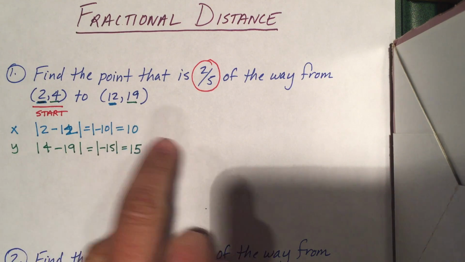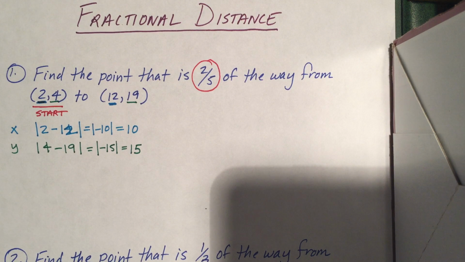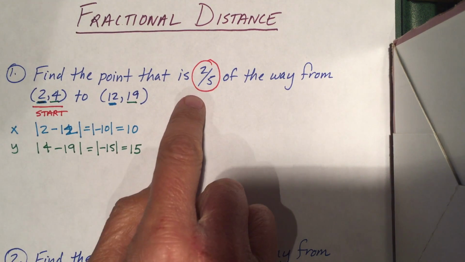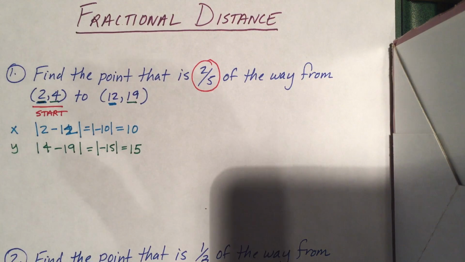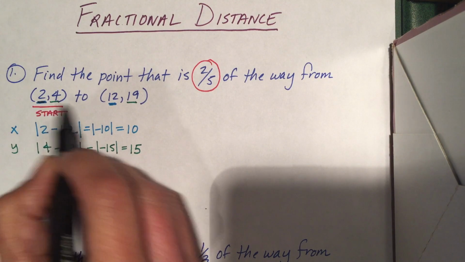But I don't want to go the full 10 and I don't want to go the full 15. So the question is, how do I find 2/5? Well, whenever you find a fraction of something, you multiply that fraction times that value. So I don't want to go 10 units across from 2 to 12.